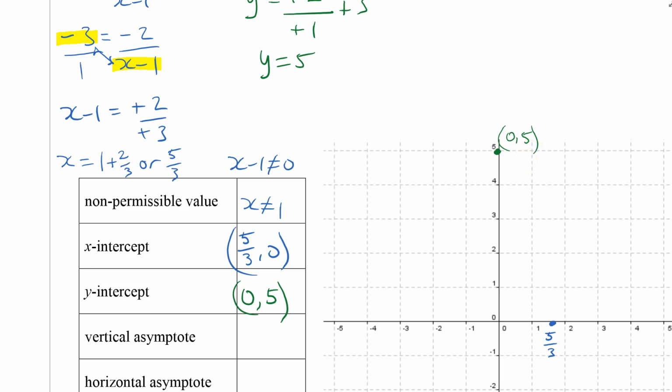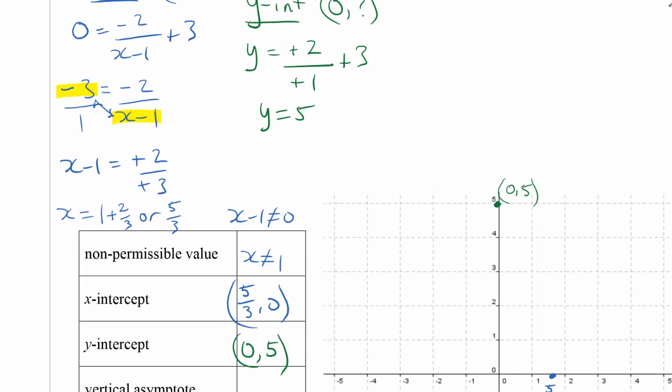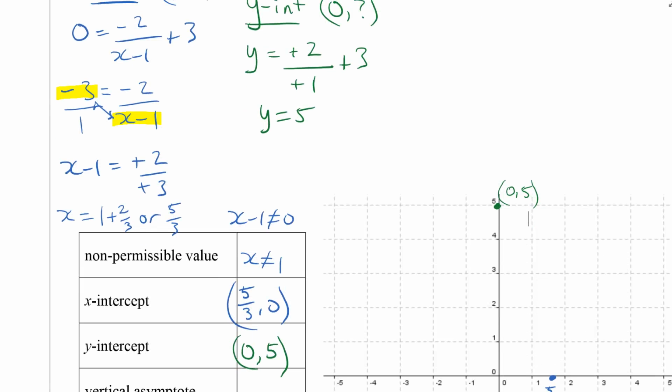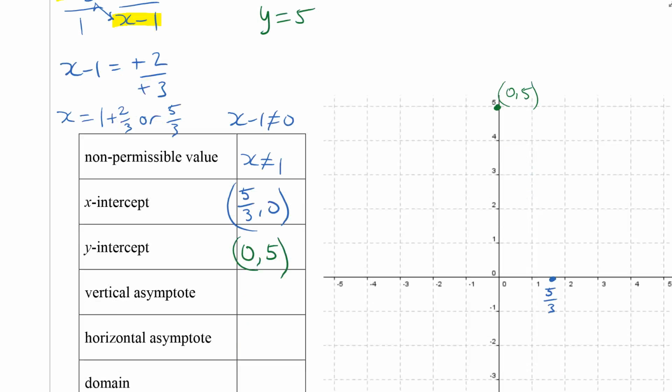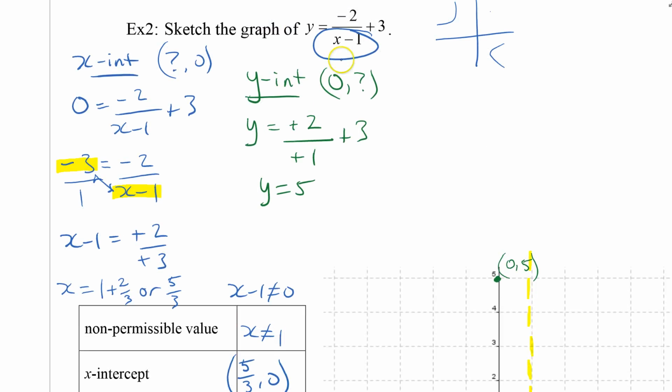My vertical asymptote comes from my non-permissible value here. So my vertical asymptote is going to be at x equals 1. So I'll just write that in right away at x equals 1. Here comes the vertical asymptote. And my horizontal asymptote is from shifting up 3, pardon me.